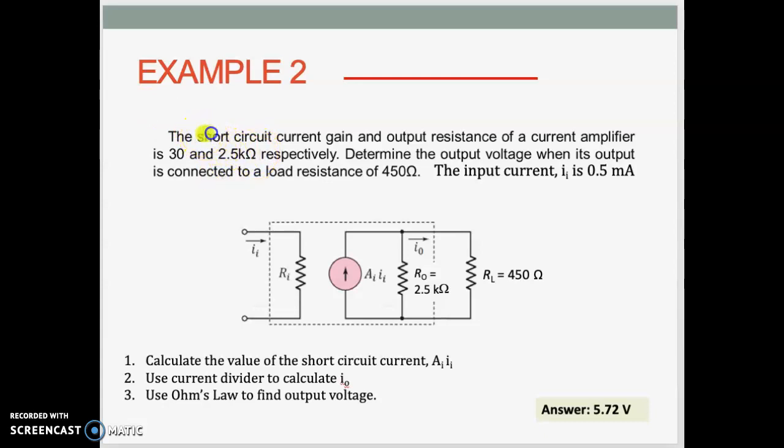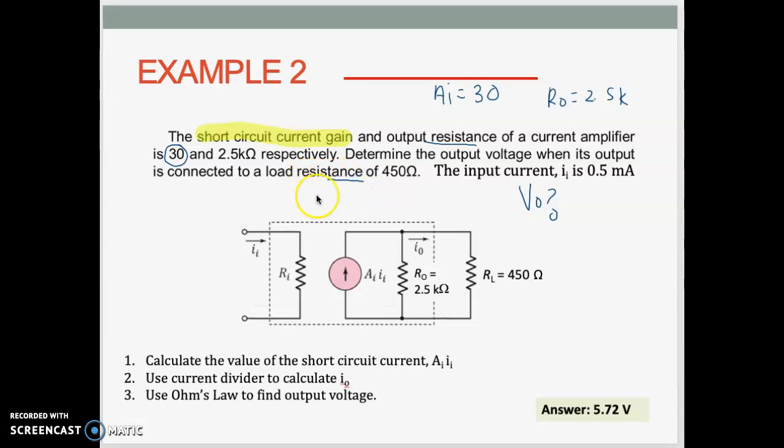The second example says the short circuit current gain is 30. What does that mean? Ai equals 30. The output resistance of a current amplifier means, inside the equivalent circuit, we have Rin, Ai, and Rout. The Rout here is 2.5k. Determine the output voltage Vout when the output is connected to a load.